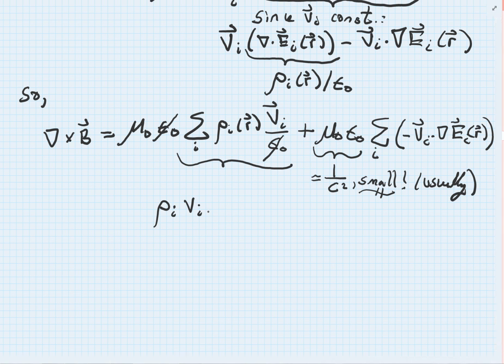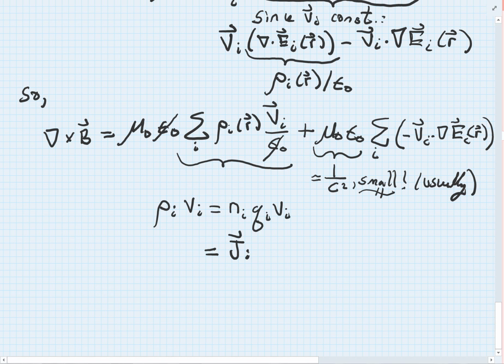This corresponds to, we sometimes would write it this way, the density of those particles times the charge of those particles times the velocity of those particles. Those are all the types of combinations that we've seen before. Those all correspond precisely to what we saw in our study of the flow of current. That just represents the current density associated with the ith particle.